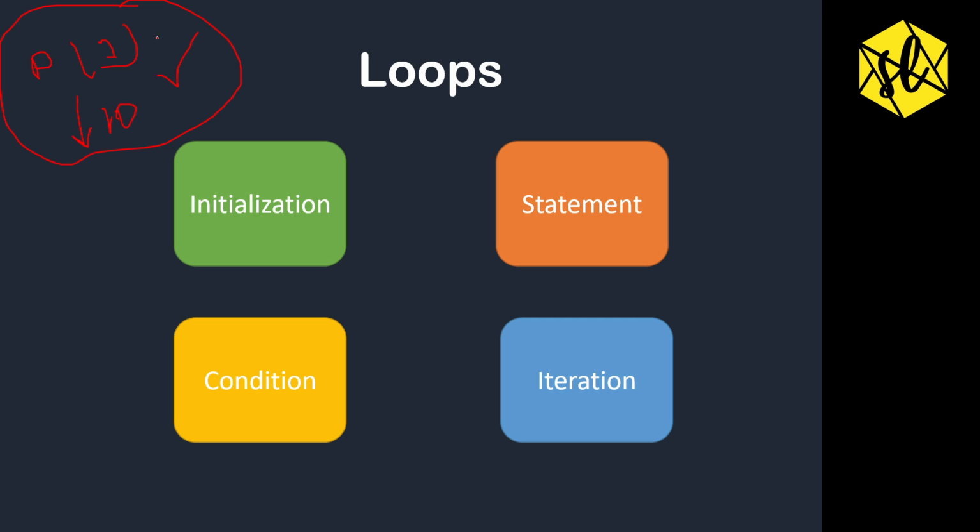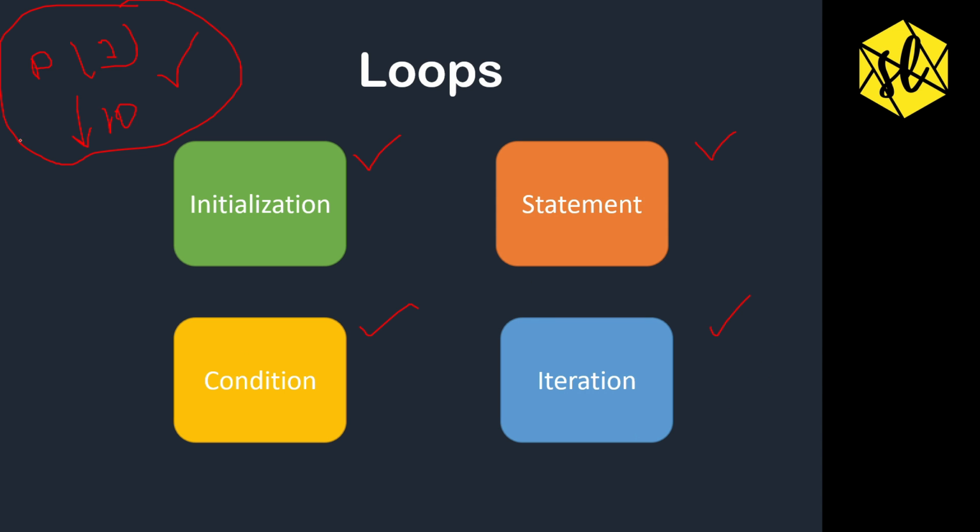Now, let's just understand what is loop, what are the different elements of the loop. So basically loop, we have already heard that loop is repetition of blocks under some condition. Now let's say there are 4 elements of loop: initialization, statement, condition, and iteration.